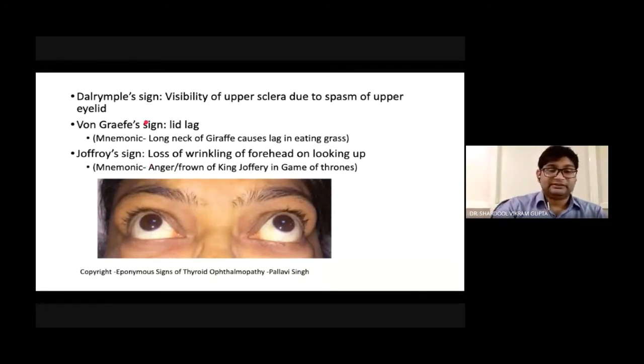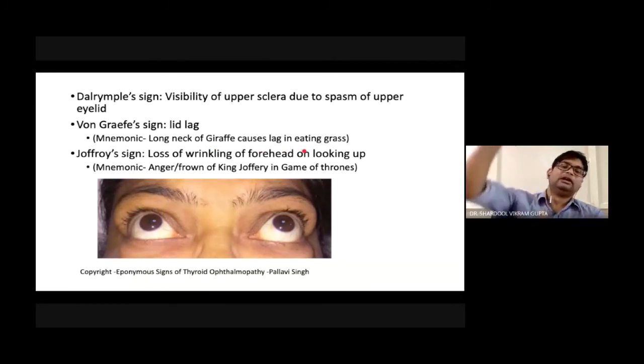Dalrymple sign is visibility of the upper sclera due to spasm of the upper eyelid. Von Graefe sign is lid lag. I have made a foolish mnemonic, but you will be able to remember it by assuming that the long neck of a giraffe causes lag in eating the grass.